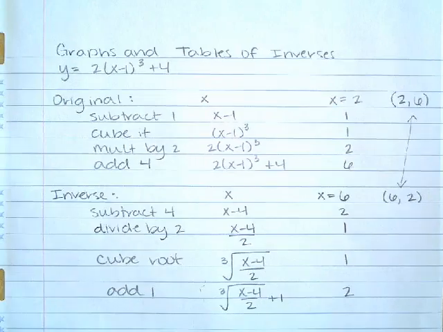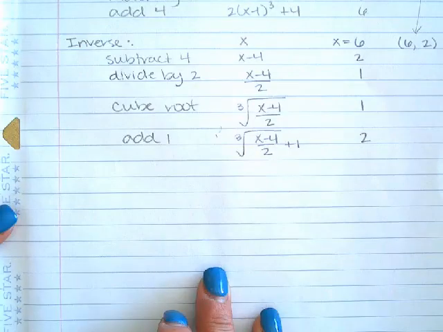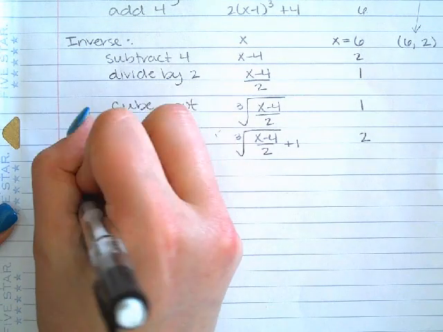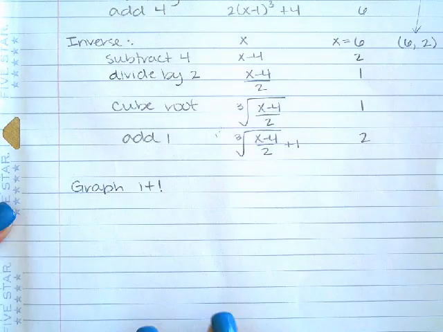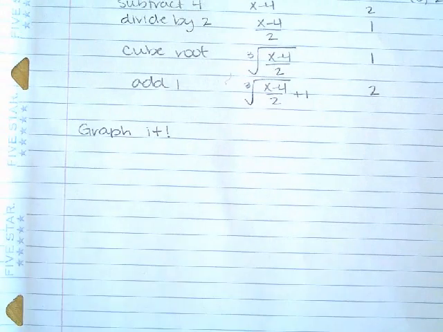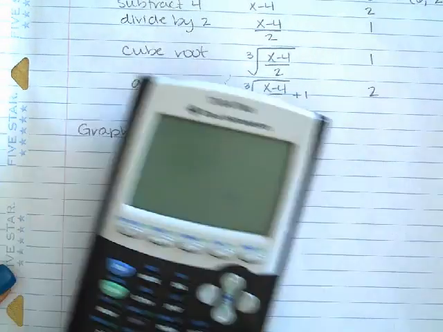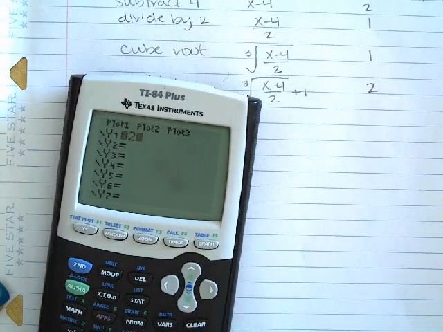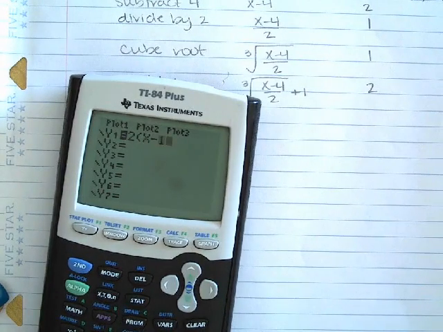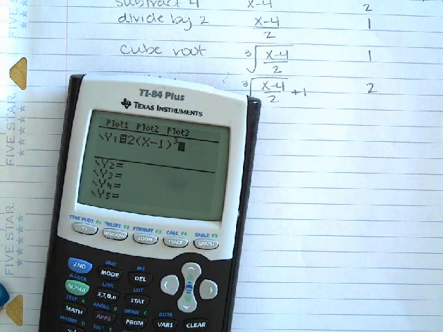Right? So if we want to graph this, we're going to start by plugging it into our calculator and getting the table values. So I have 2 times (x minus 1) to the third plus 4.